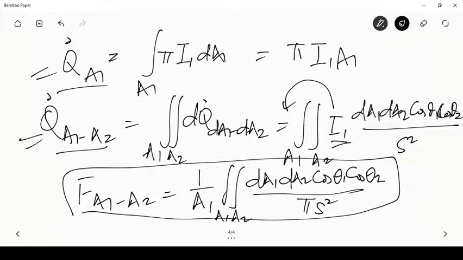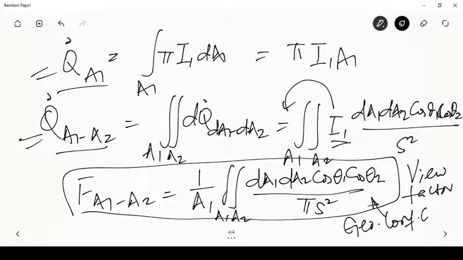This fraction, that is the fraction of the energy emitted by surface A1 that actually arrives on surface A2, is purely a geometric quantity and can be evaluated once I know what the geometries are. So this therefore is called the view factor or the geometric configuration factor.